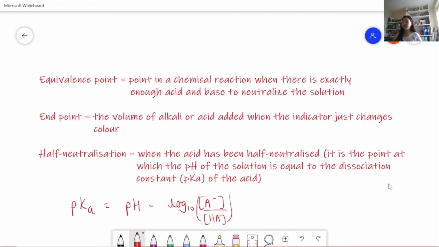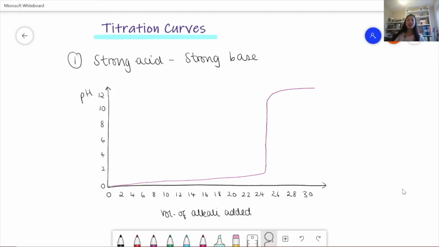And because of this, we know that the acid is exactly 50% dissociated when this ratio of concentration of A minus over the concentration of HA equals 1, and that's when we get the pKa is equal to the pH.